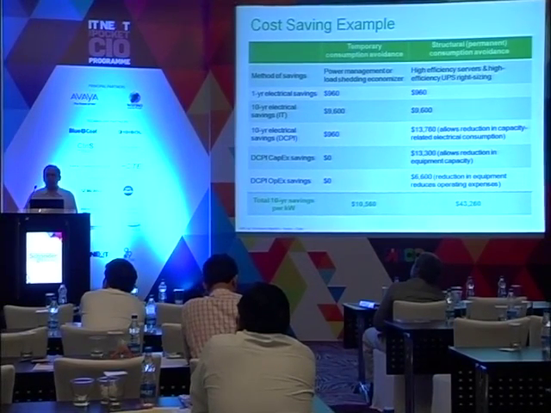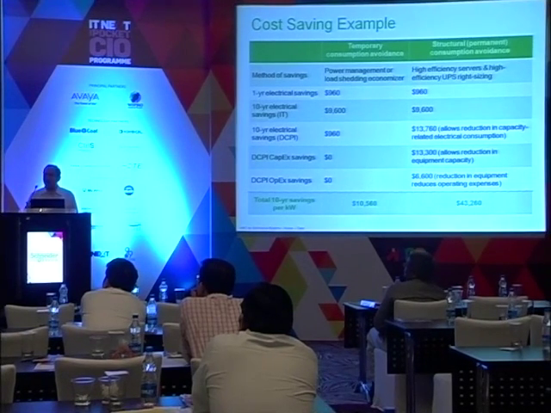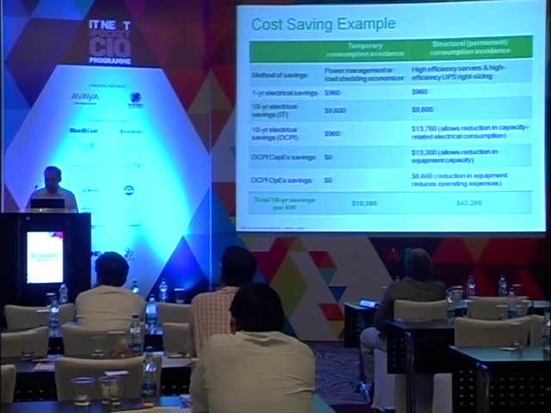Otherwise you need to increase your manpower itself to just keep on focusing on where can I save some energy, right? Or the second way of doing it is in a more programmed fashion, which is the structural avoidance methodology, where you already take into factor all the things that can happen during an operating condition of a data center, and you have planned certain things in your technology, in your operation, in your maintenance, so that your energy reduces.